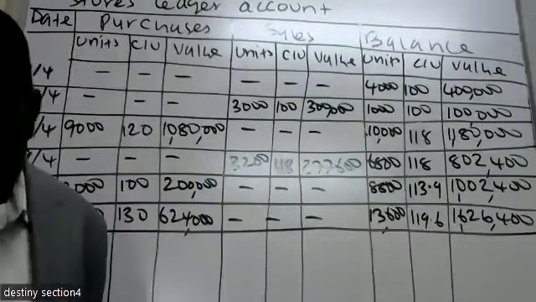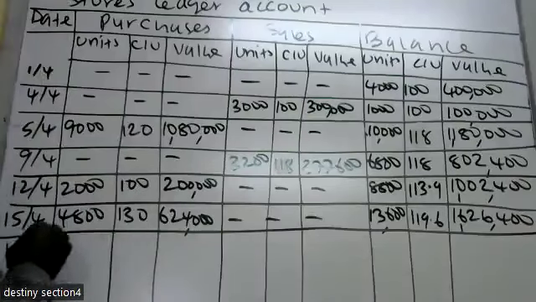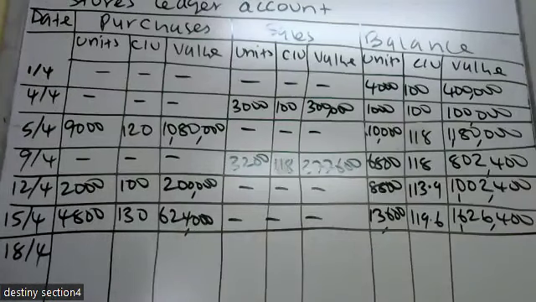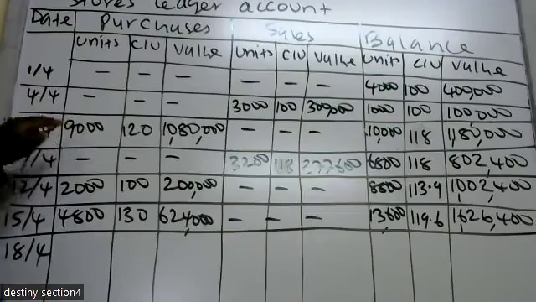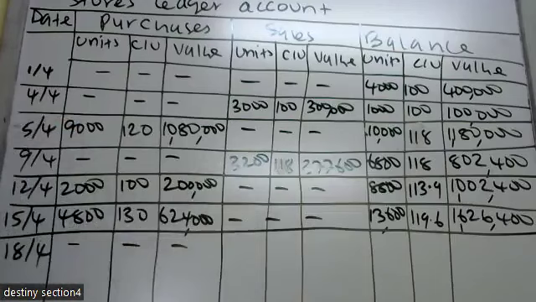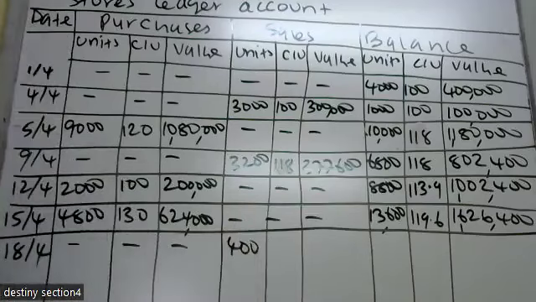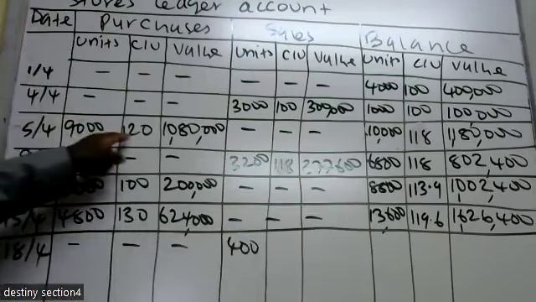So the next date is the 18th. So we go to the 18th. What happened on the 18th? Return to supplier. We return to the supplier 400 units out of the quantity received on the 5th. When they return to the supplier, we should record it under the issue. The 400 were received on the 5th, valued at 120.